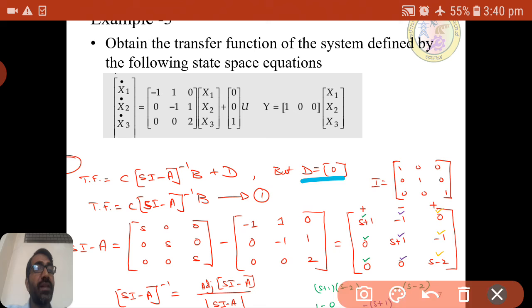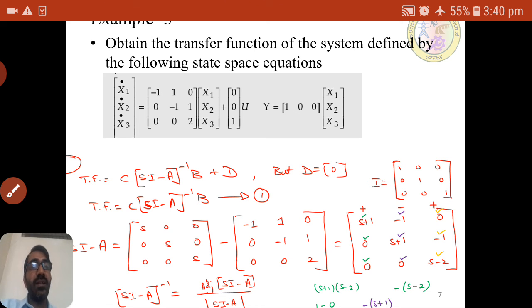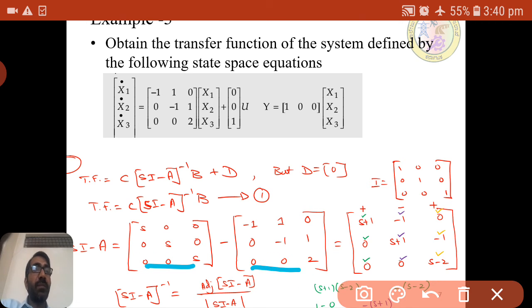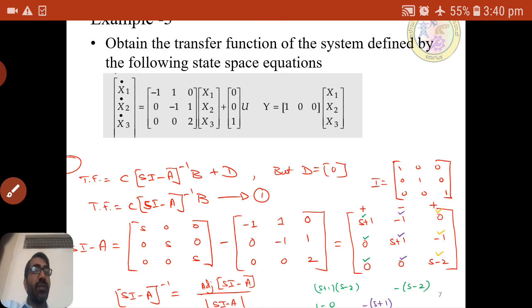Similarly to the earlier one, first we need to find sI minus A, which is given like this, a subtraction of the matrices, and we know what sI minus A inverse is.